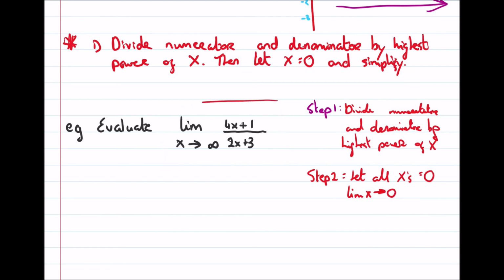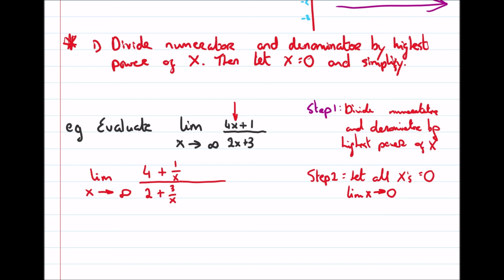Right, so we're looking at this function. The highest power of x, well, highest power of x is just x. So we'll divide everything by that. So we have the limit as x approaches infinity is 4x divided by x is just 4, plus 1 divided by x is 1 over x. 2x divided by x is just 2, plus 3 divided by x is 3 over x. So that's step 1. We've divided it all by the highest power of x. And then we let x equal 0.